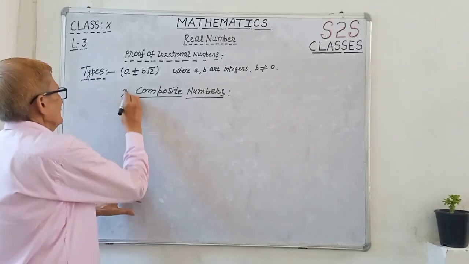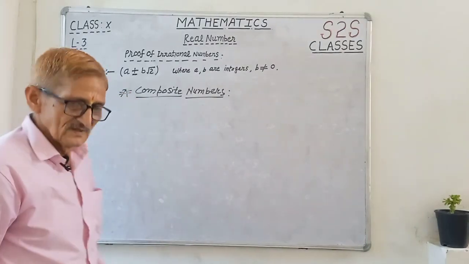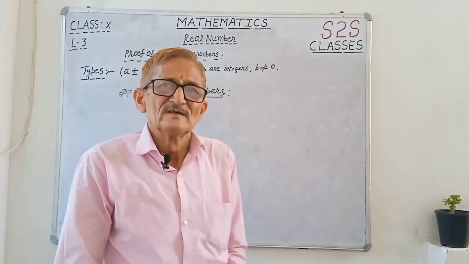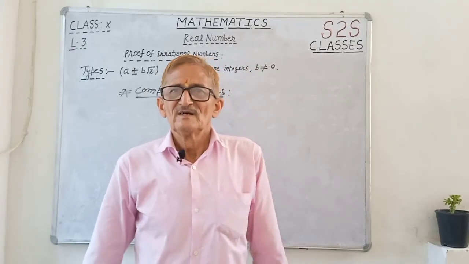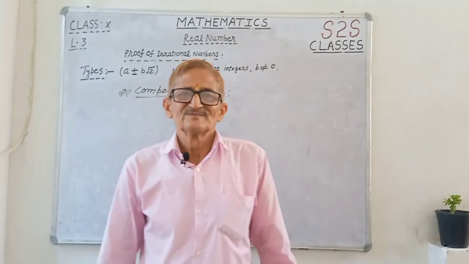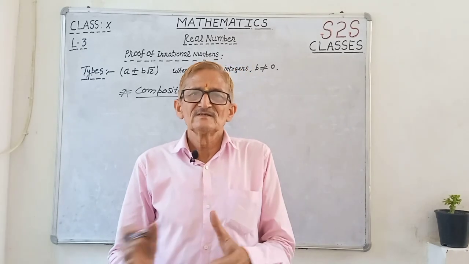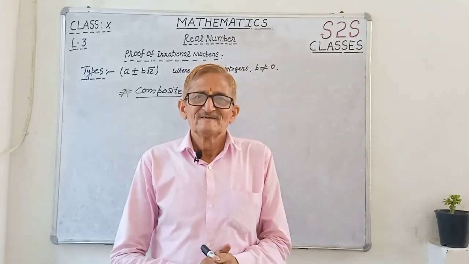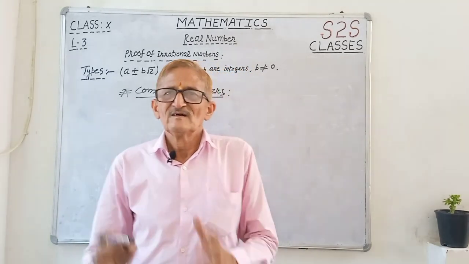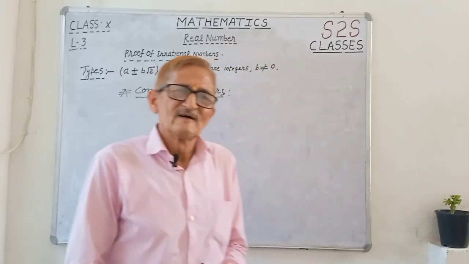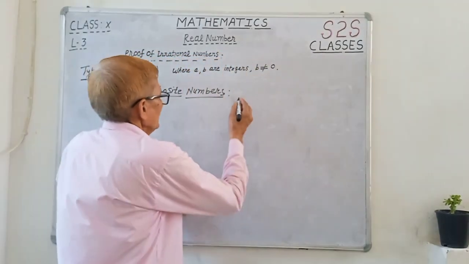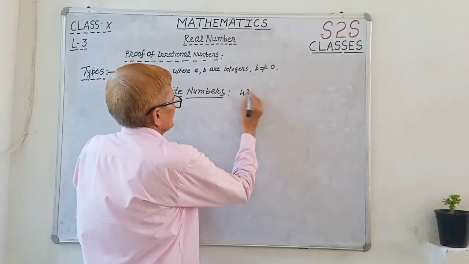Composite numbers. Which numbers have more than two factors? Which numbers have more than two factors? Those numbers are called composite numbers.